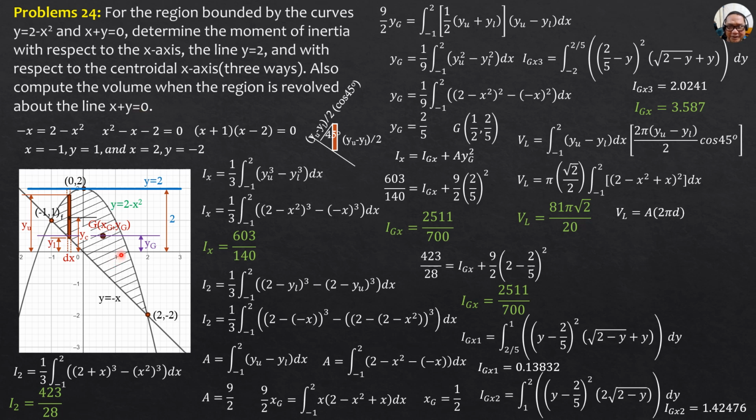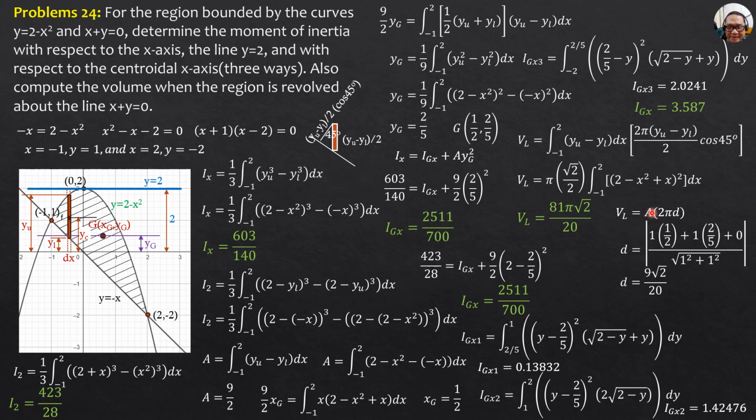So volume equals area times 2 pi d, where d is absolute value of 1 times xg, which is 1/2, plus 1 times yg, which is 2/5. There's no constant, over square root of 1 squared plus 1 squared. And in exact form, this is 9 square root of 2 over 20.